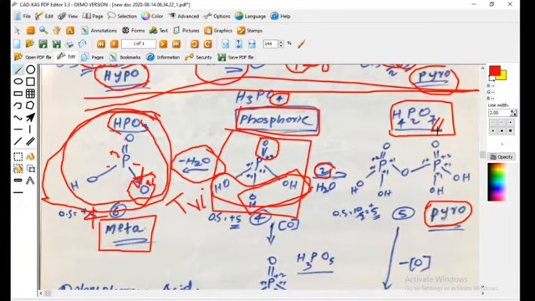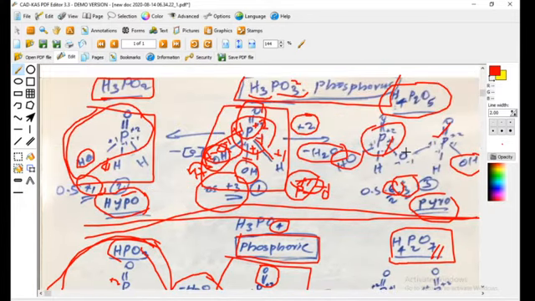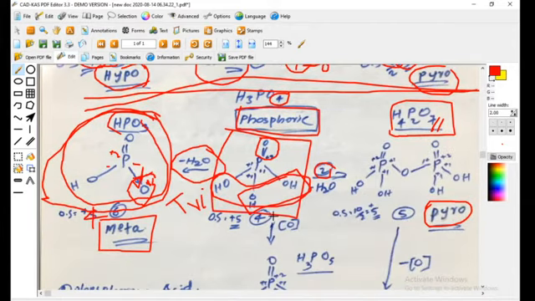So the molecular formula is easy. The structure is the same as we discussed before. The OH groups combine; instead of 2 OH groups here, 1 OH from this molecule and 1 OH from the other will be attached by the oxygen bond. So we are getting a structure like this.